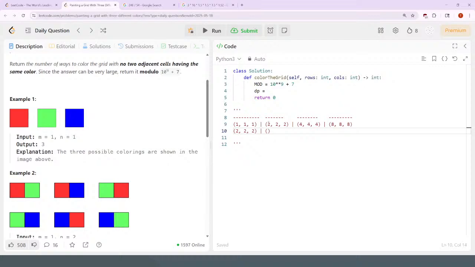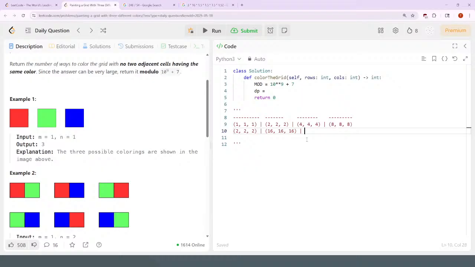There's two ways of getting green here, two ways of getting blue here, so that means 4, I think. So 2 times 2 is 4, and then 2 times 2 is another 4, and then 2 greens would be another 4, so it's 16. 16, 16, 16, it's kind of symmetric.